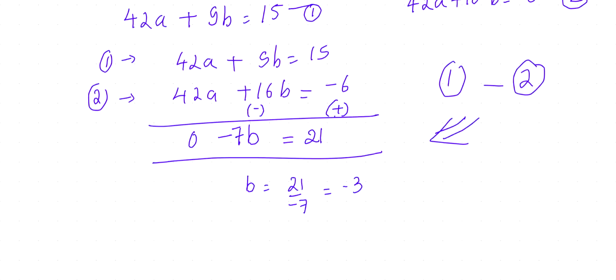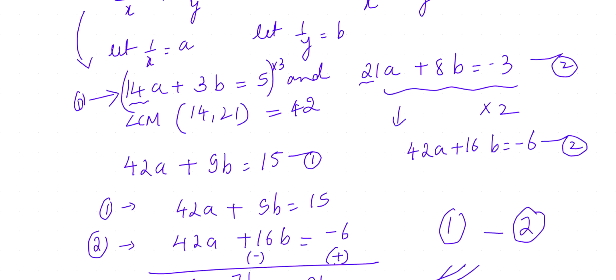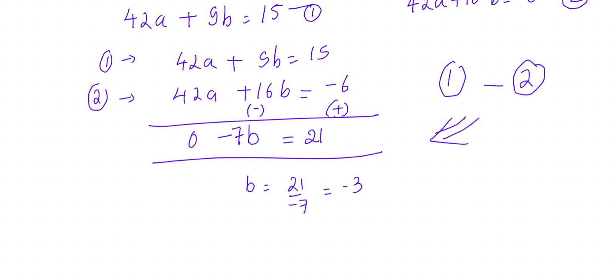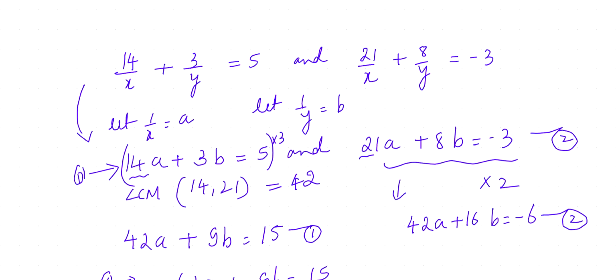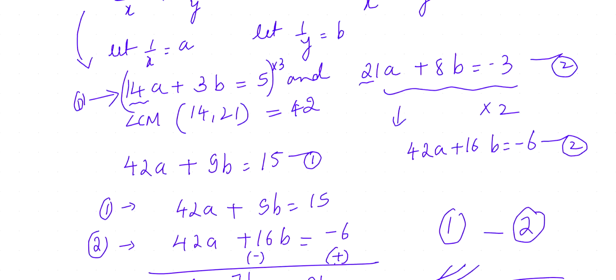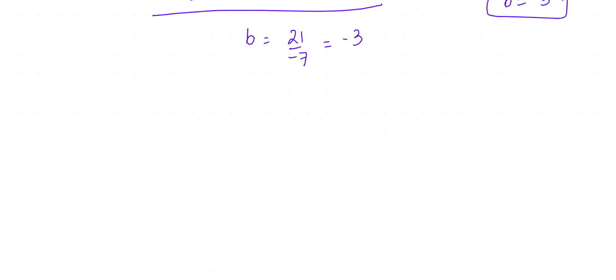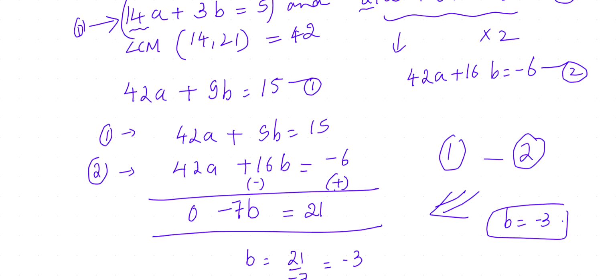But then remember, we'll also have to find a. We'll find a and b, and then we will find x and y. So now that we have b is negative 3, we can substitute for b in any of the equations. You can look at 14a plus 3b is 5. When I'm naming them, even after transforming, I didn't change them to 3 and 4.